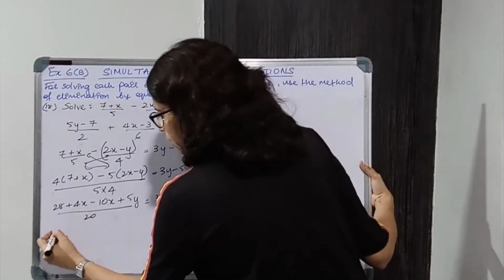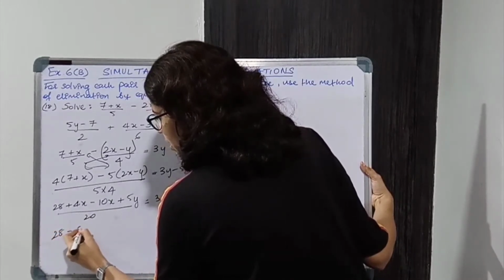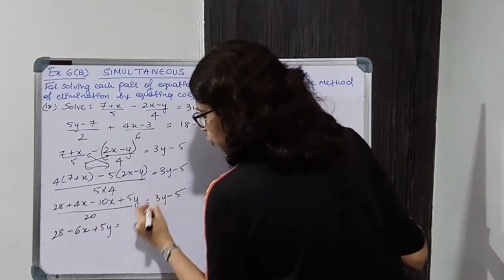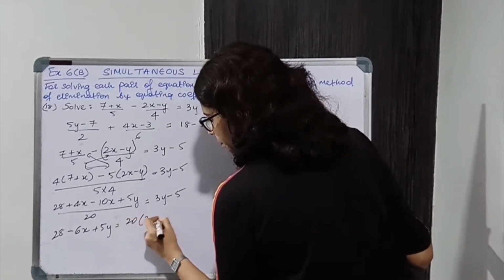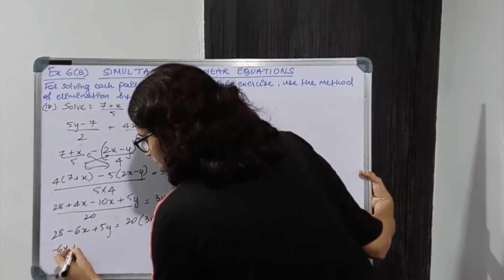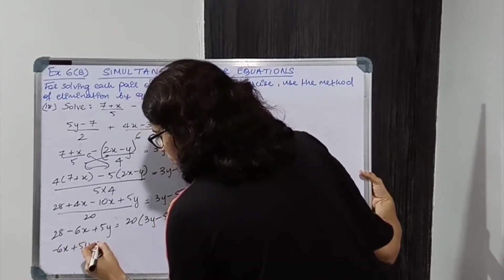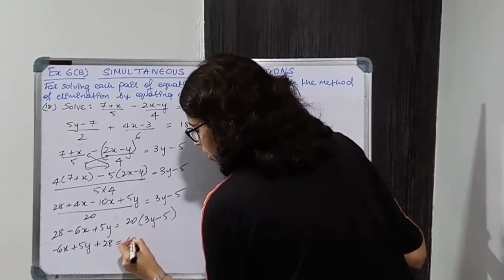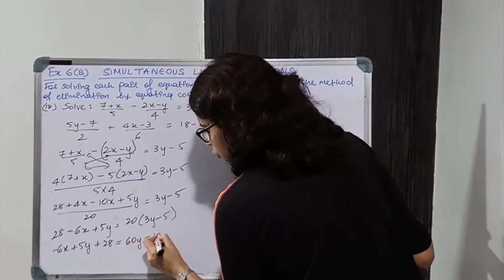So we'll get 28 minus 6x plus 5y is equal to, shifting 20 over here, so minus 6x plus 5y plus 28 is equal to 60y minus 100.